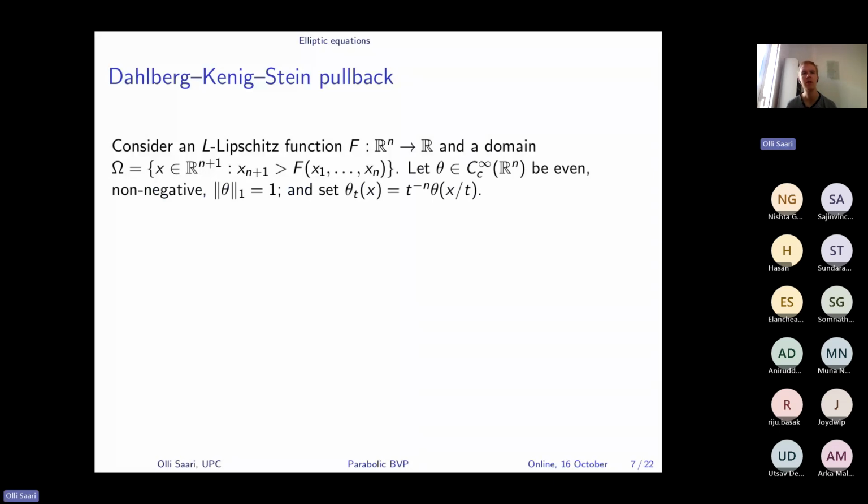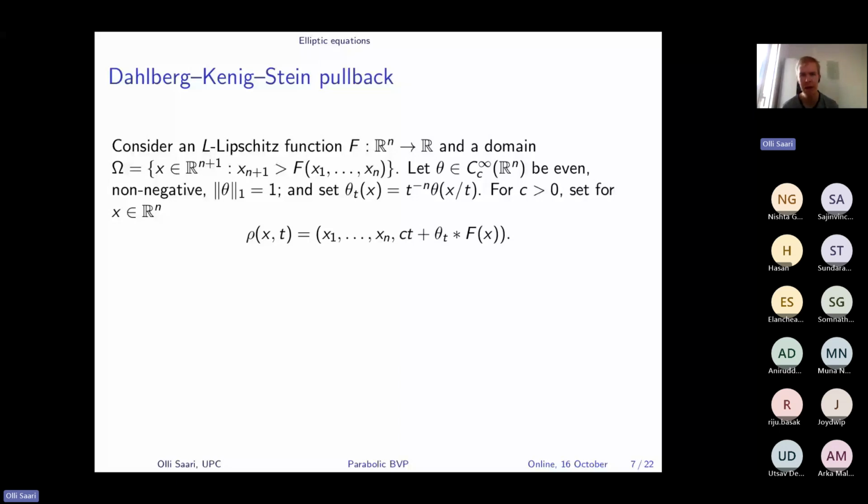So we take first an approximation of identity, which is defined with a smooth bump function, integral 1, dilations. And then we define the coordinate mapping by fixing the first n coordinates. And in the last coordinate, we first multiply it with a constant, and then we add the mollification of the graph function.